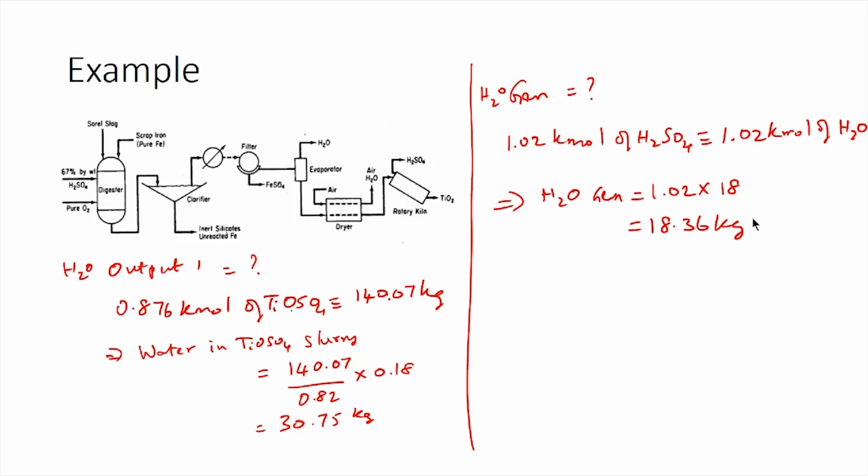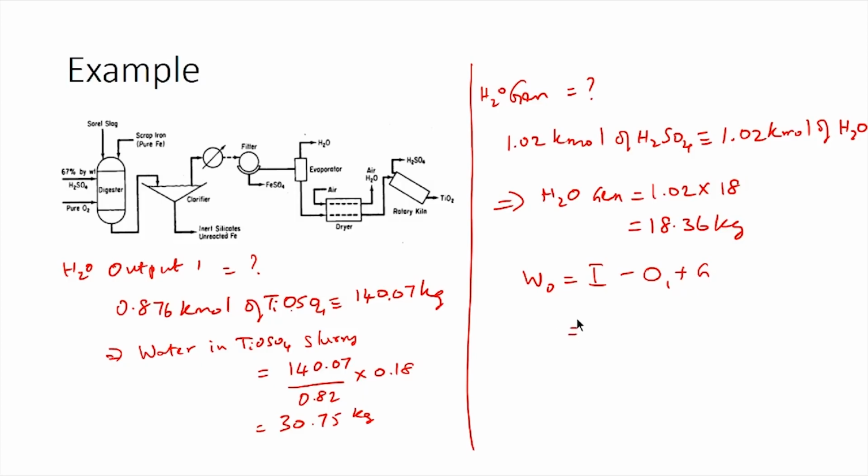Now that we have all these terms, we can calculate the amount of water leaving in the form of water vapor from the evaporator. Let us call that W out, which would be input minus output 1 plus generation.